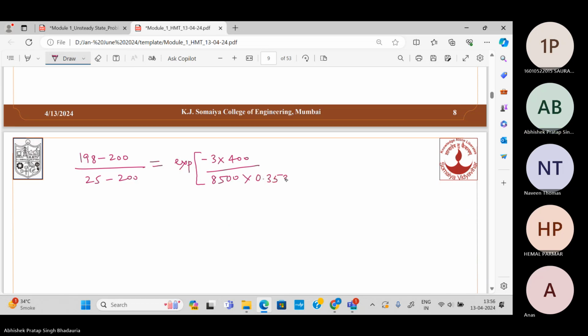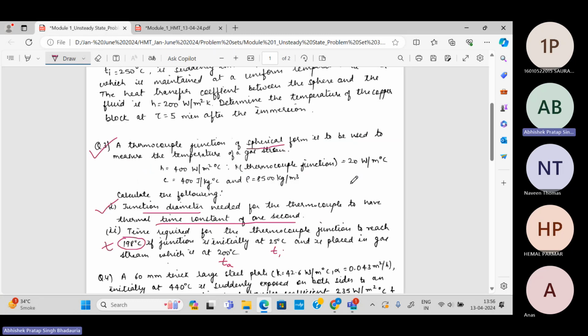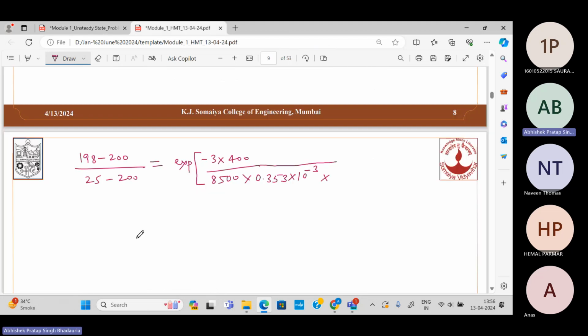Convert this into meters, multiplied by specific heat c, 400, multiplied by tau.